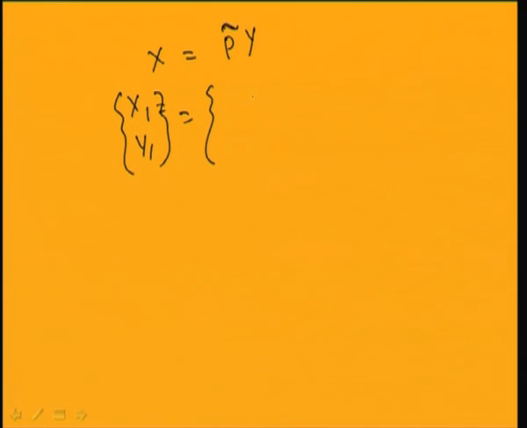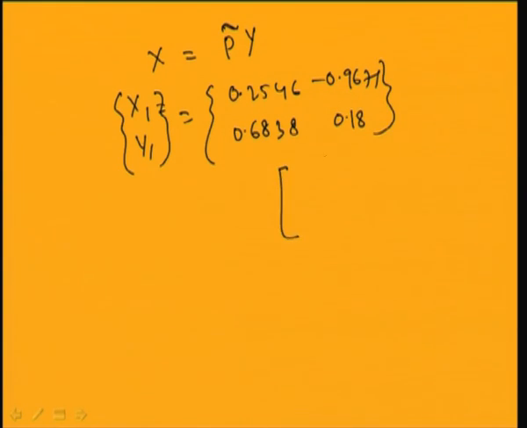That will give you 0.2546, minus 0.9671, 0.6838 and 0.18, into y1, y2, and already y1 you got equal to a1 sin 3.96371 t plus psi 1, and y2 becomes a2 sin 12.6214 t plus psi 2.